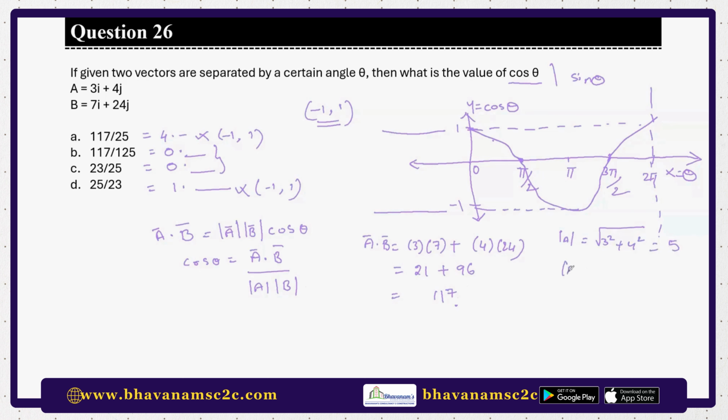And magnitude B, that is square root of 7 square plus 24 square, equal to 25. I know these values, that square root of 3 square plus 4 square equal to 5, 7 square plus 24 square is 25.